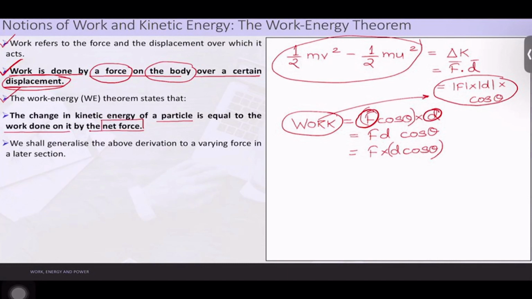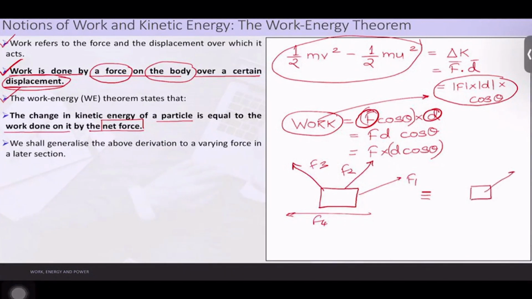Net force basically means, let us suppose this is an object. This is one force acting on it. This is one force acting on it. This is one force acting on it. This is one force acting on it. Let us suppose by some way or another, we analyze that the summation of all these forces is nothing but equal to some force which is F net.